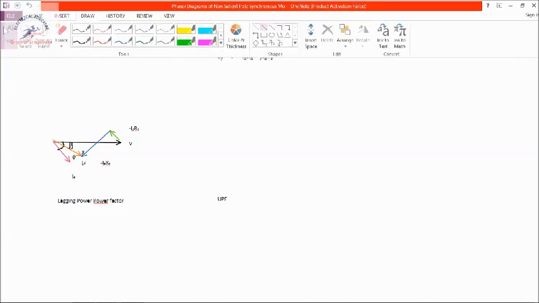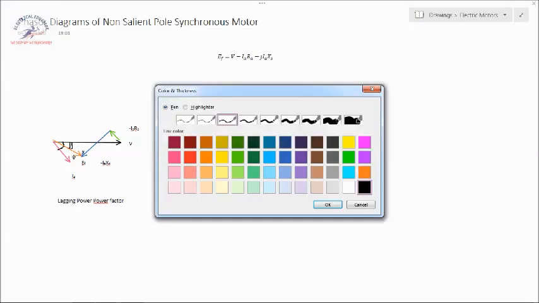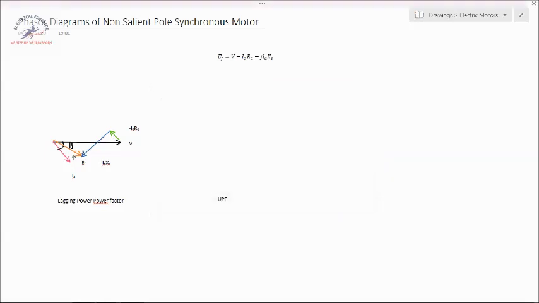I will be drawing those phasor diagrams very quickly. Kindly follow along with me. I will be doing it for unity power factor now. In unity power factor, the voltage and current will be in phase with each other. The first vector I take is vector V. I will not mention the terminologies now.